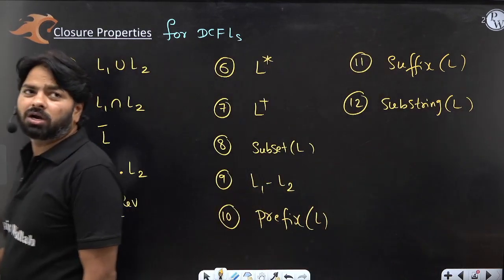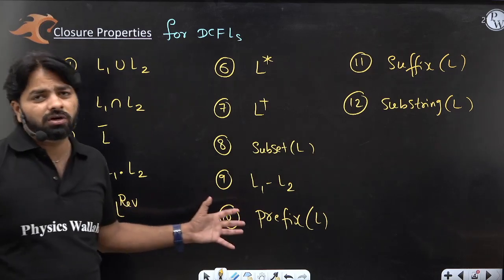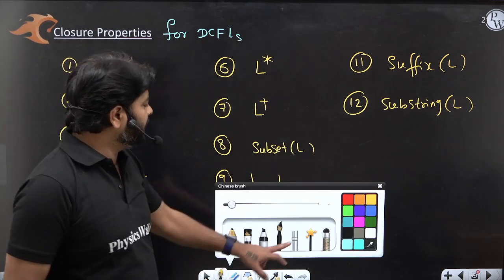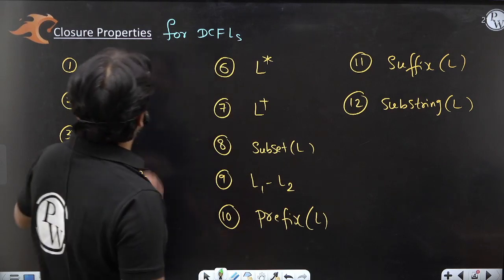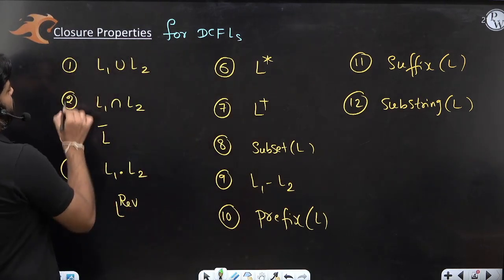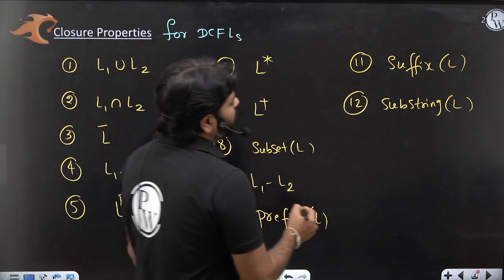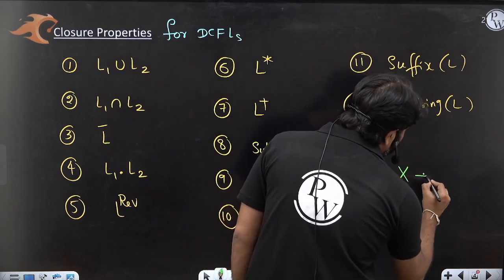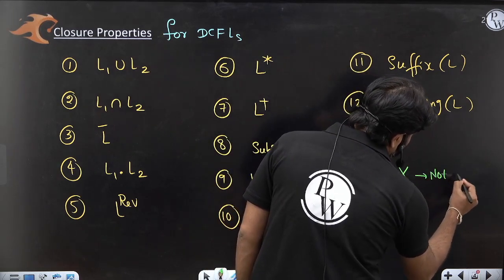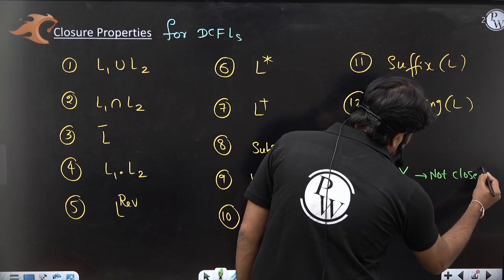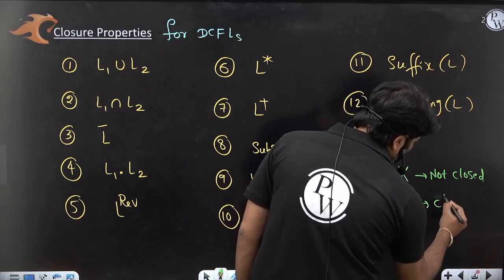Which properties are closed for DCFLs, and which are not closed? Union is not closed, so I'm putting a cross mark to show it is not closed, and a tick mark is closed.